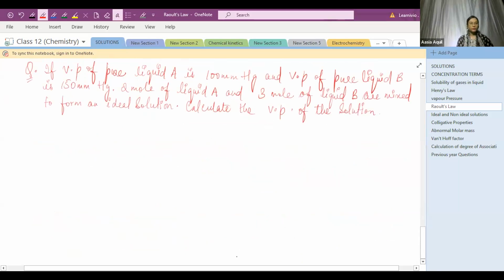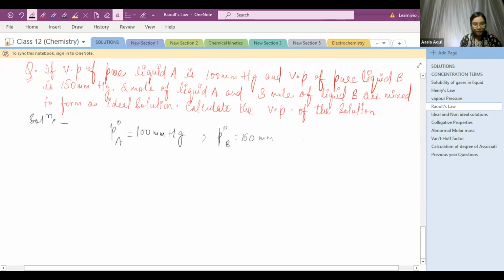So what is the question? If the vapor pressure of pure liquid A is this, let's write what is given first. P naught A is given, which is 100 mm Hg, and the vapor pressure of pure liquid B, P naught B, is 150 mm Hg.